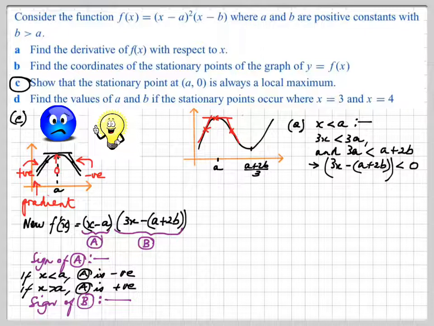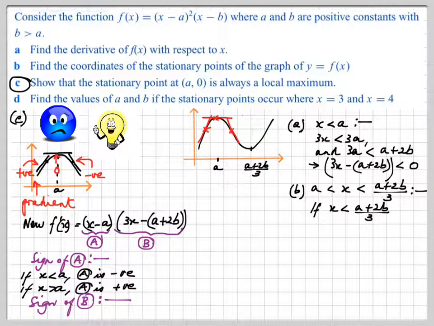Now I'm going to do when x is in that second region, bigger than A but less than the second stationary point. Okay? Same sort of argument. If x is less than that second stationary point, now think about this, therefore 3x must be, I've just multiplied both sides by 3, a typical inequation, less than all that, and therefore 3x minus it must be less than 0.